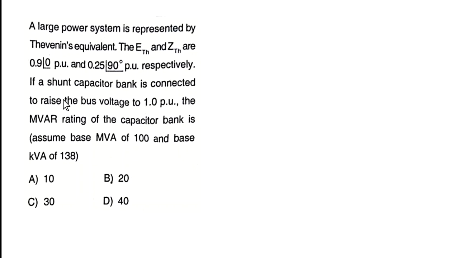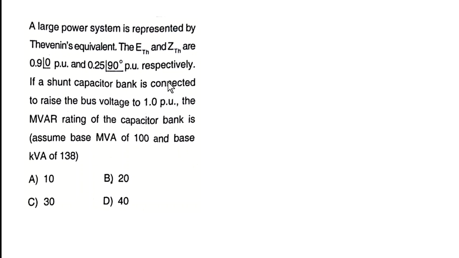Now assuming that here in the given question itself, they assume that the base MVA is 100 and the base kV is 138. Now here what we need to find here. So here we need to find the MVA rating of the capacitor bank in order to make the voltage from the 0.9 to 1.0 here.